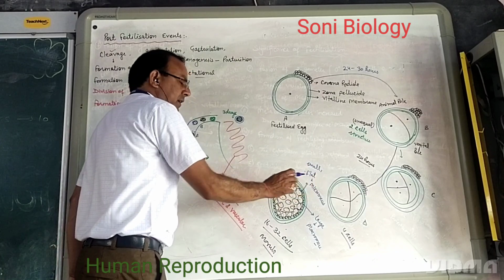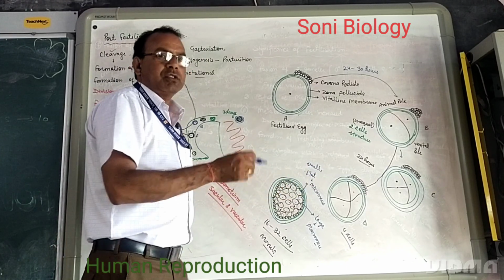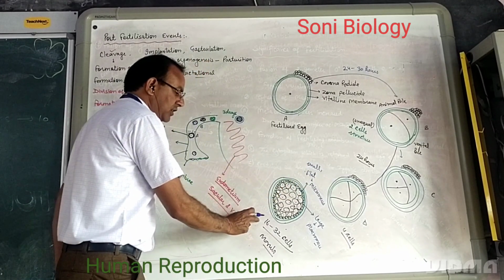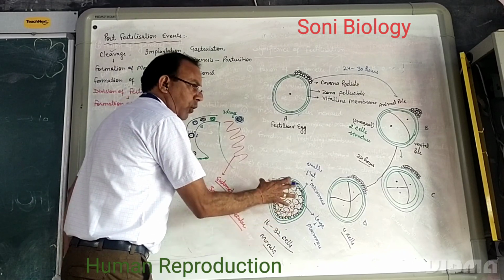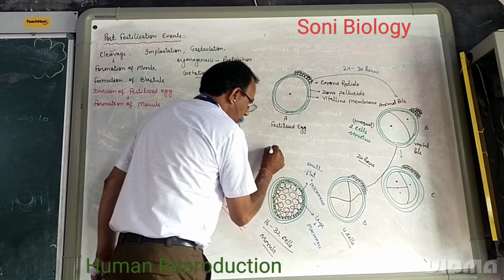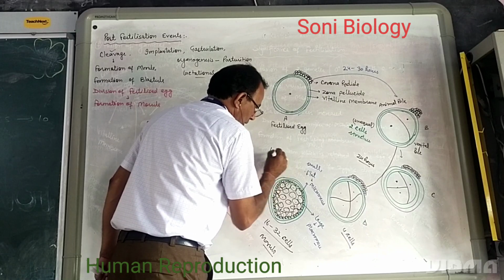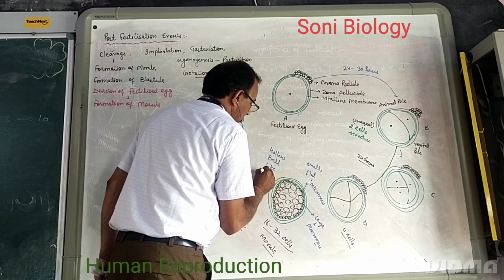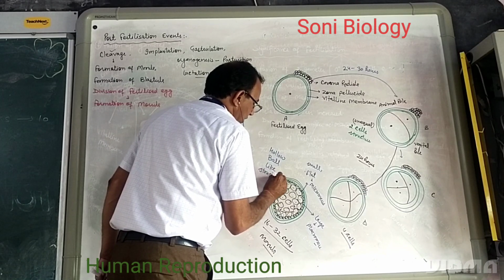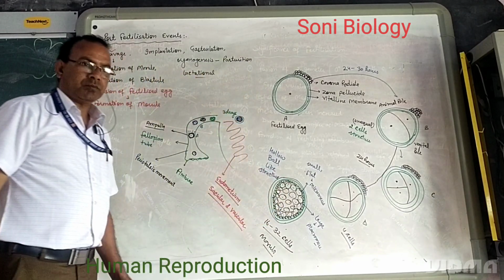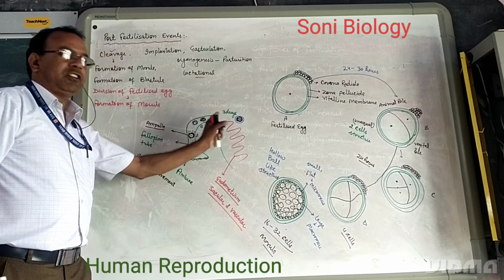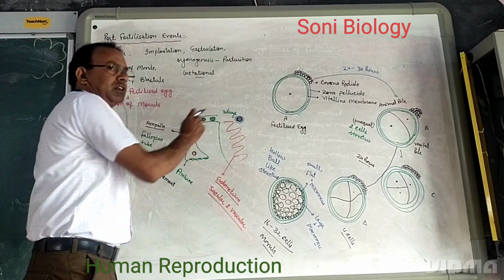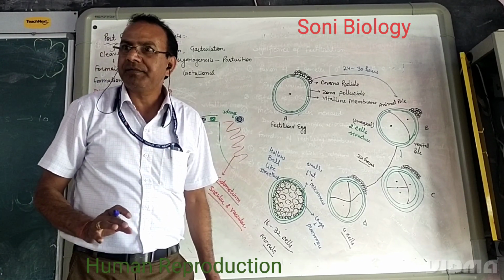After 4, when it reaches 8 to 16 or 16 to 32 cells, it is a hollow ball-like structure. This hollow ball-like structure is called morula, and it reaches the uterus from the fallopian tube on the 3rd day.